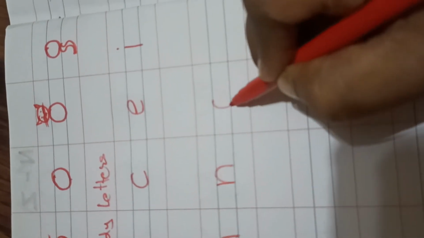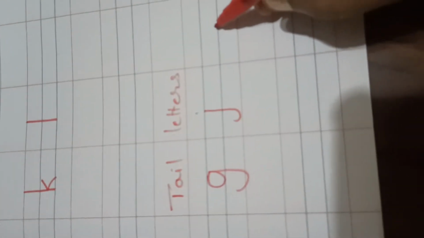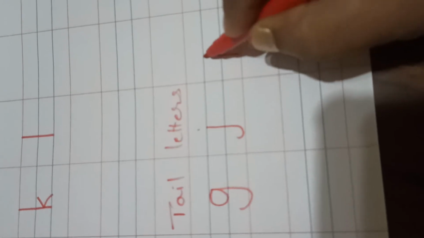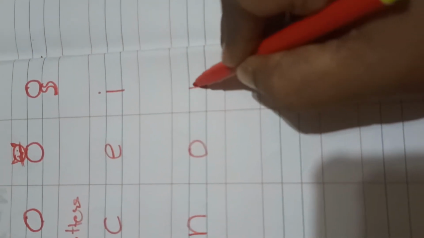N, O, P is again a tail letter. Q is also a tail letter because it is touching the bottom red line. R is a body letter.